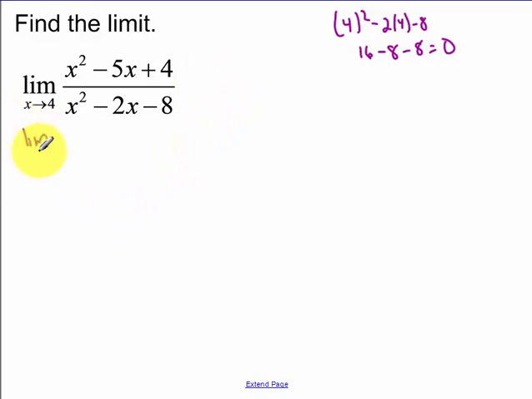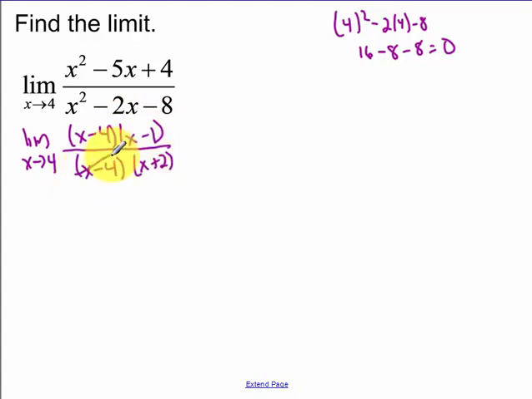So writing out that limit, and I want that limit written out each time until you actually go through and plug in. Factor the top. Factor the bottom. Cancel out that factor.